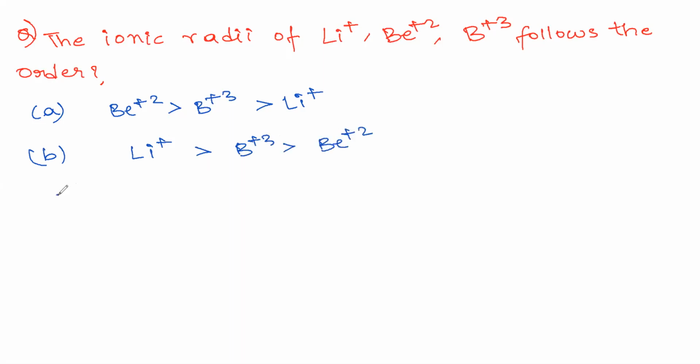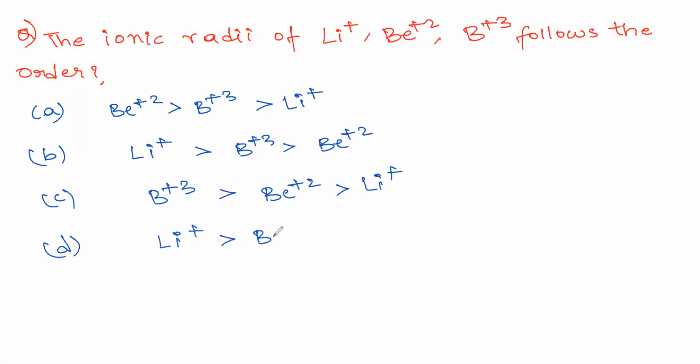Third option, B plus 3 greater than Be plus 2 greater than Li plus. Fourth option, Li plus greater than Be plus 2 greater than B plus 3.